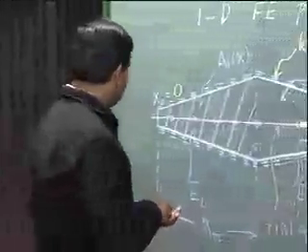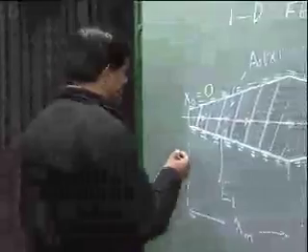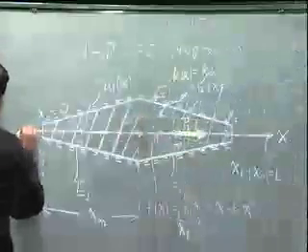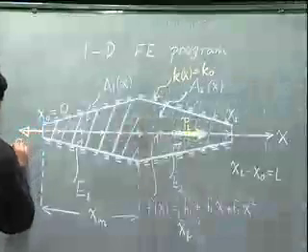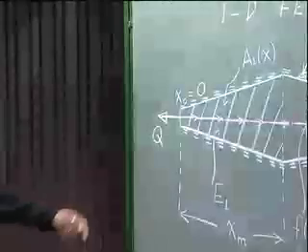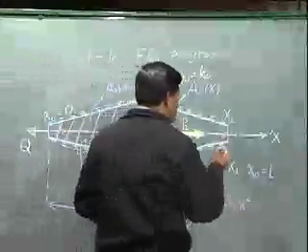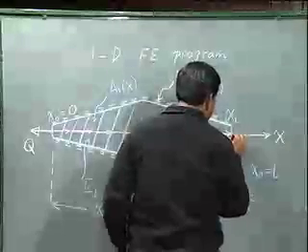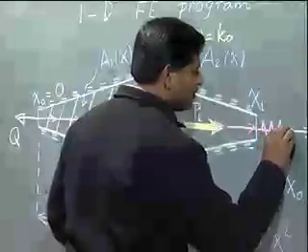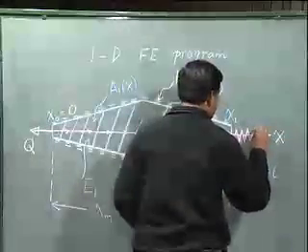Further, we would like our code to handle various types of boundary conditions. What could be the boundary conditions? I can have here an end force Q, which is tensile, while at the other end I could have the end force given in terms of the force applied by an end spring.